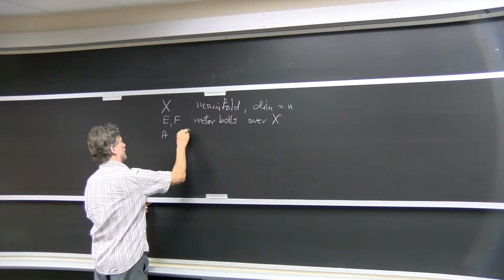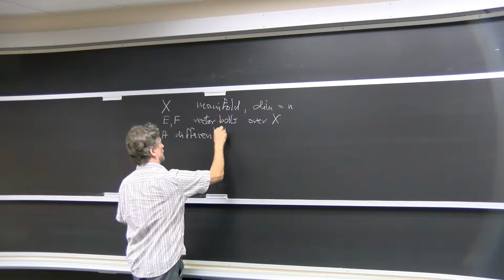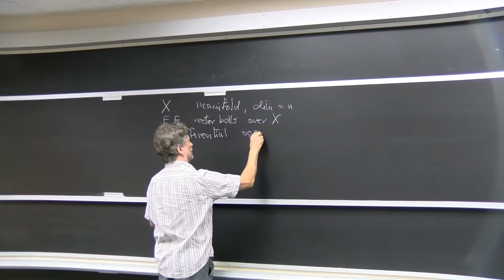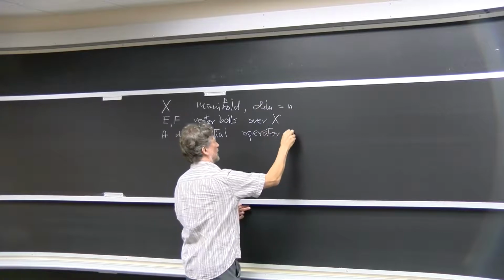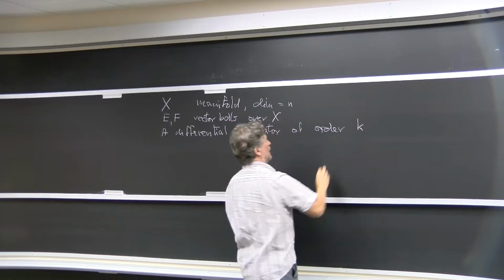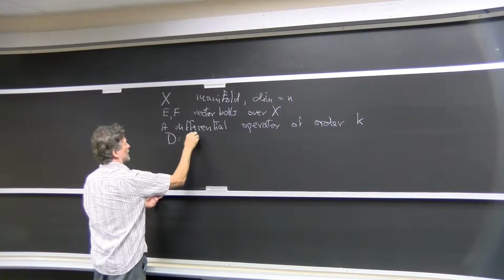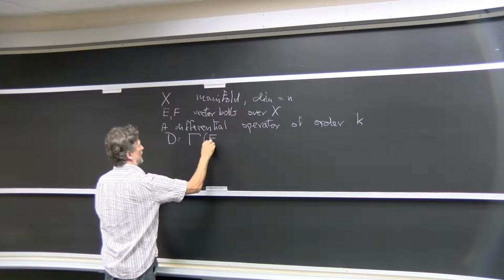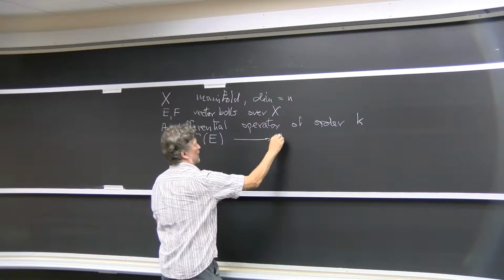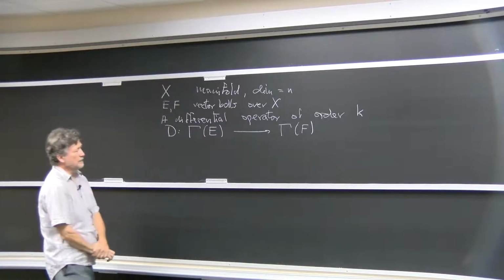Differential operator of order K. Well, it's a linear map from the space of smooth sections of one of these vector bundles into the space of smooth sections of the other vector bundle.